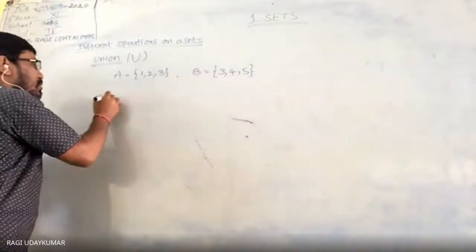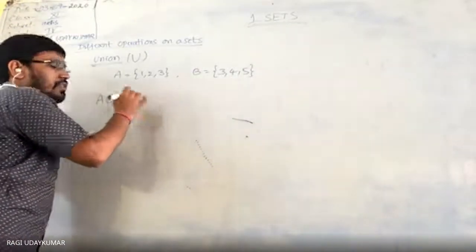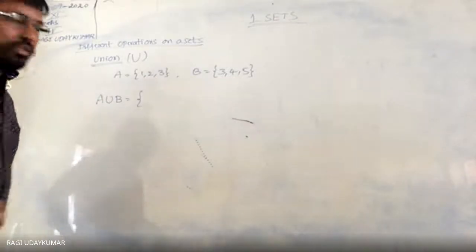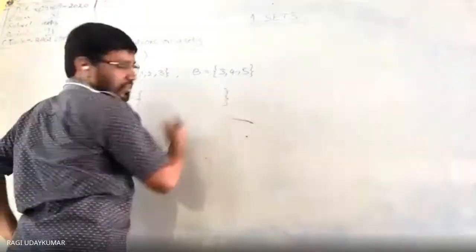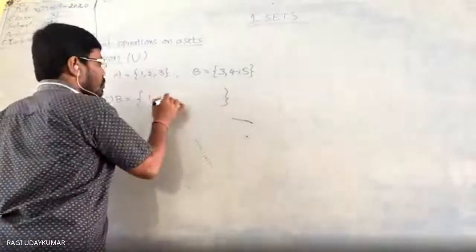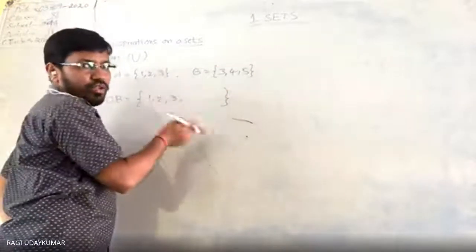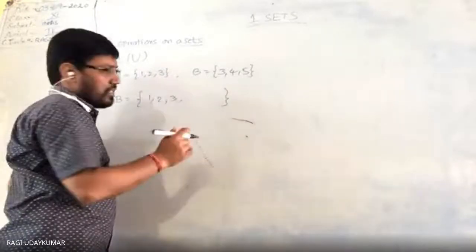If I ask for A union B, all the elements of A and B are taken together as one single set. So 1, 2, 3, and 3 is already there, so you are not supposed to write it again, then 4, 5.